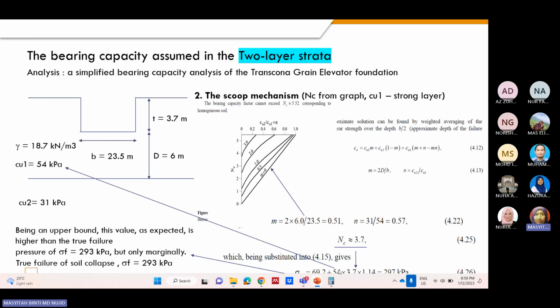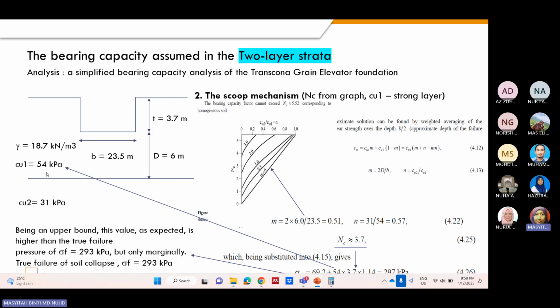And then for CU, we do not take it from the weak layer. We just take the first layer's undrained coefficient, the strong layer, which is 54 kPa. Why do we use 54 kPa instead of 31?